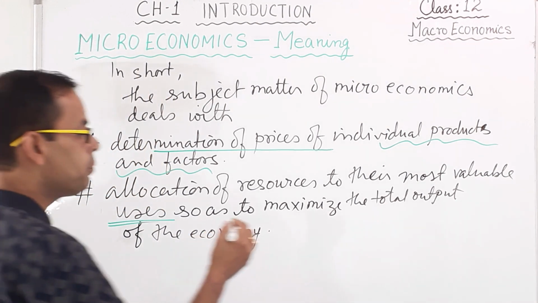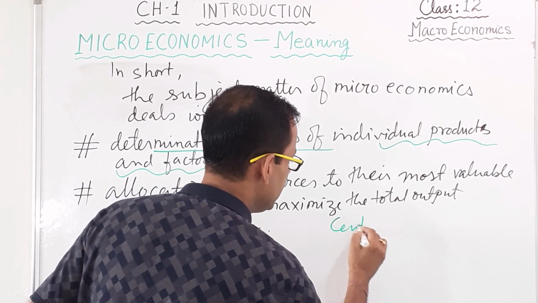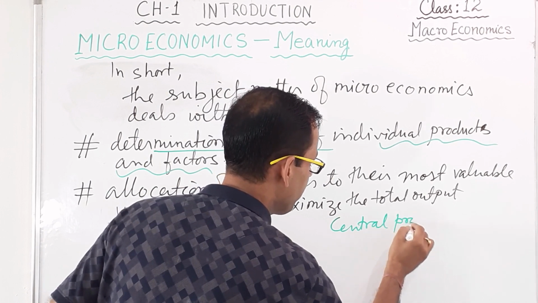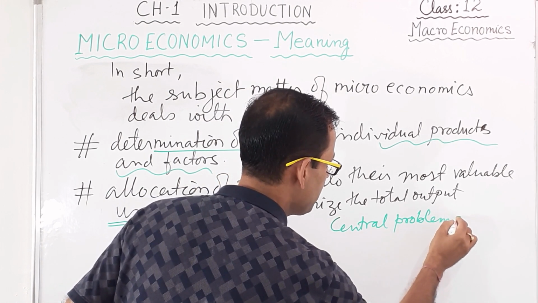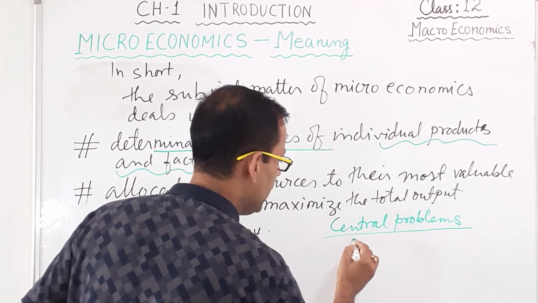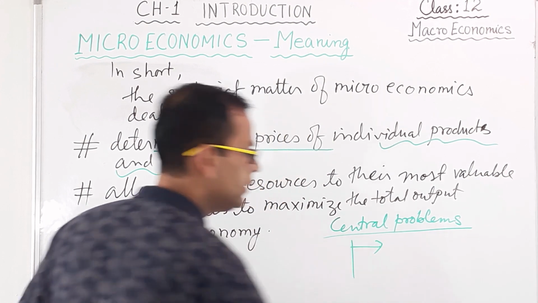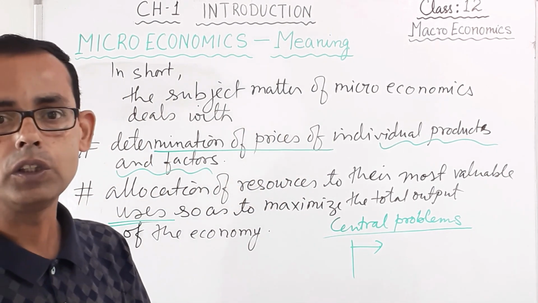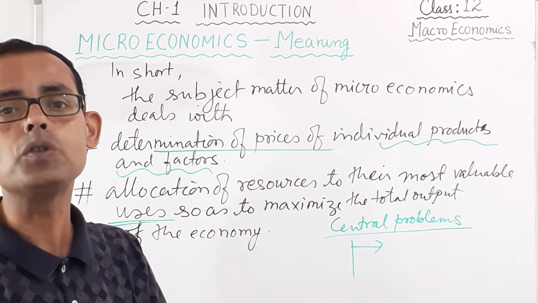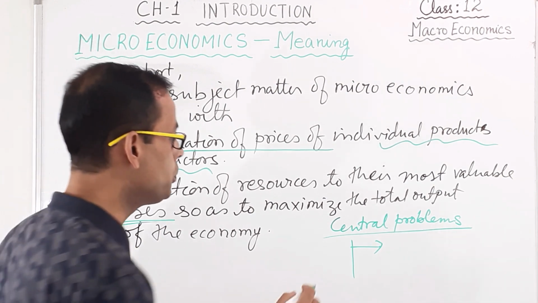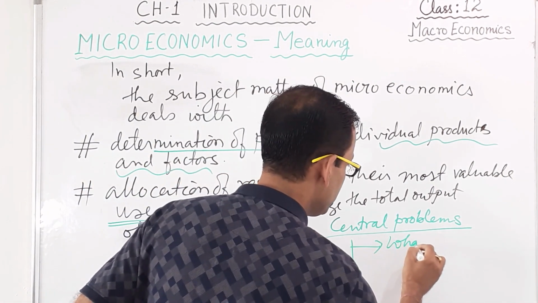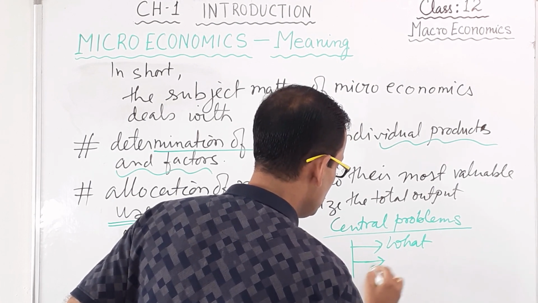And if I highlight these central problems, what are they? The first one is what to produce, how to produce, and the last one is for whom to produce.